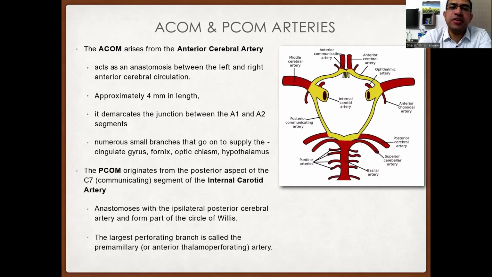This is approximately 4 millimeters in length, and it separates the A1 and the A2 segments of the anterior cerebral artery. Now, the PCOM, the posterior communicating artery, arises from the internal carotid artery, and it anastomoses with the posterior cerebral arteries on each side, and this completes the Circle of Willis.